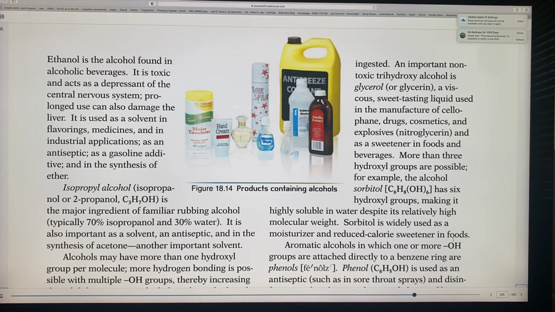Have you heard of glycerol? Glycerol is a very sweet tasting liquid used in the manufacture of cellophane, drugs, cosmetics, and explosives, nitroglycerin. It's also used as a sweetener in foods. So there is a great variety of uses for glycerol.